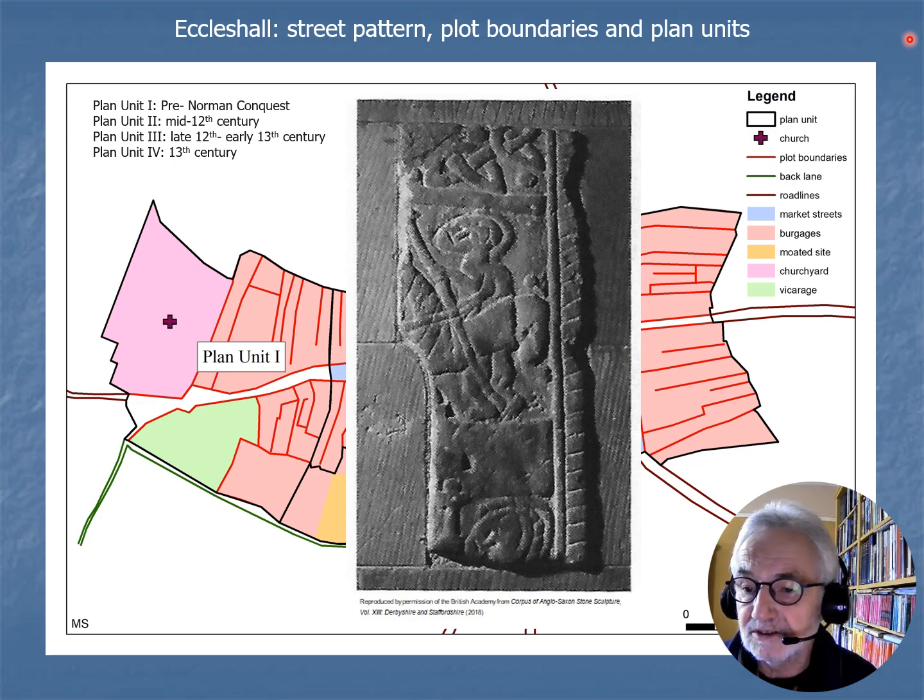The evidence suggests that there was a church, or at least a preaching cross, here in the Anglo-Saxon period. And indeed the Eccles element in the place name, derived ultimately from the Latin ecclesia, meaning church, might indicate the presence of an even earlier Christian community in the area.